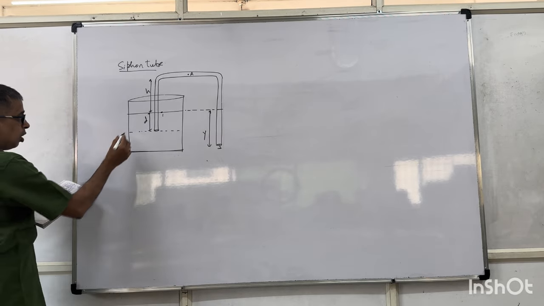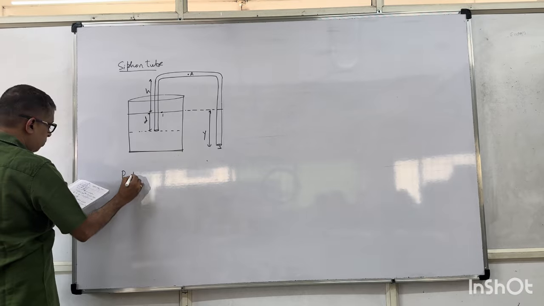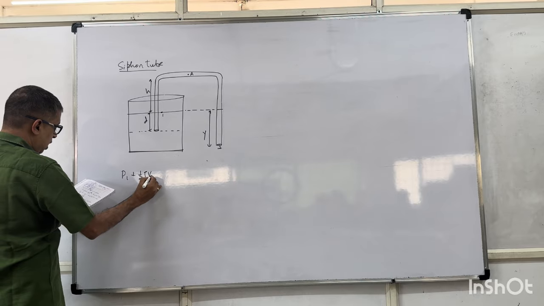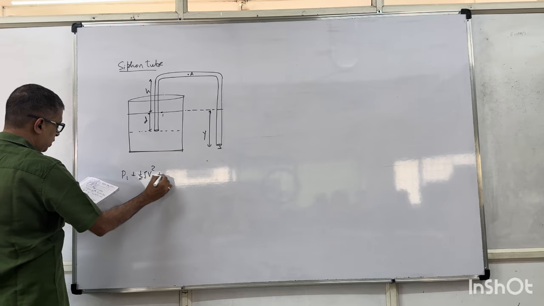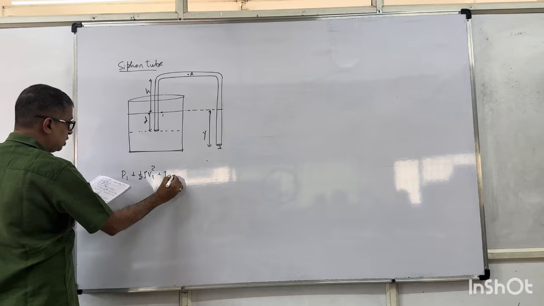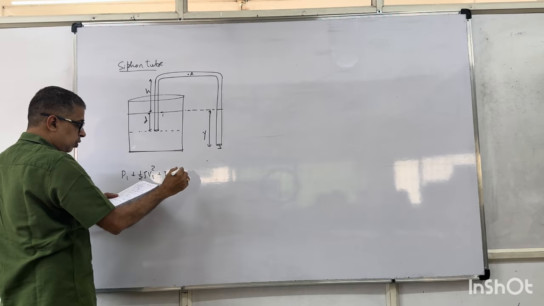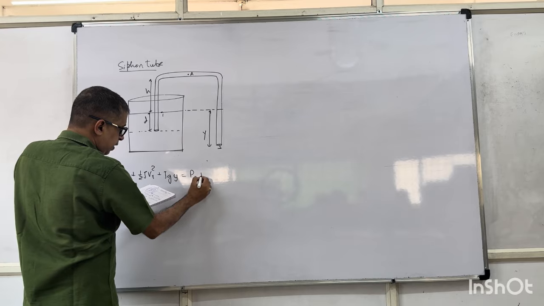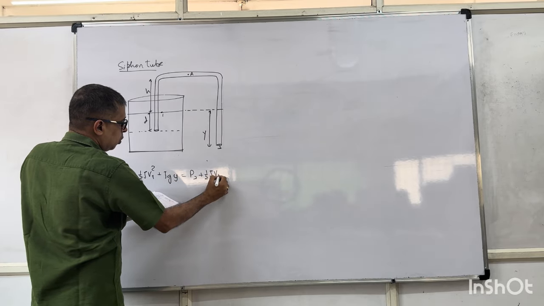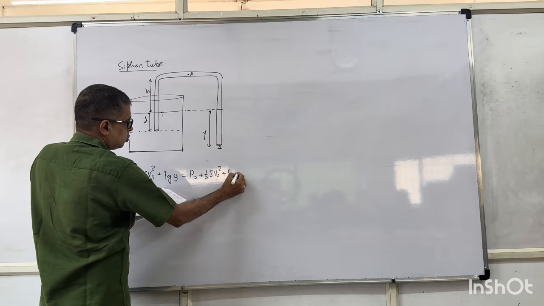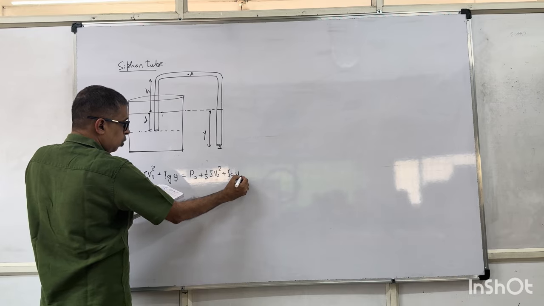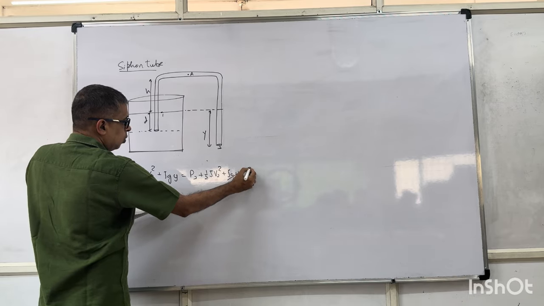You are applying Bernoulli's equation at 1. P1 plus half rho V1 square plus rho g y, taking this as the reference line, will be P2 plus half rho V2 square plus rho g y2, which will be 0.